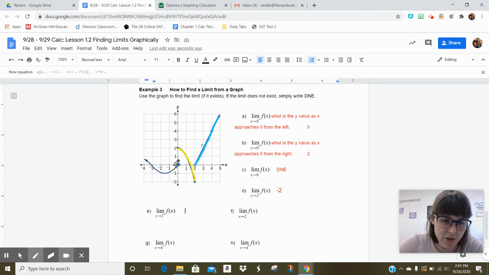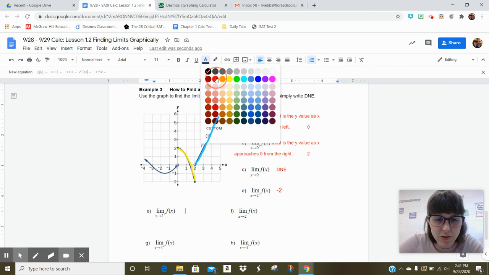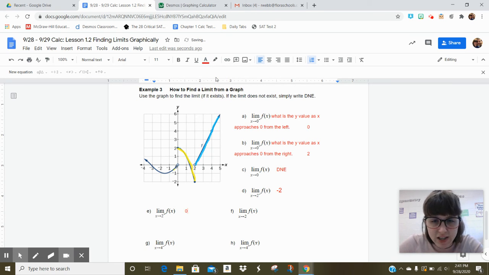Well, it's 0. So for this part, we're going to say the limit is 0. Now, again, because as we approach x equals 2 from the left and from the right, it's going in different spots. That means the limit as x approaches 2 does not exist because it's going to 2 different spots.